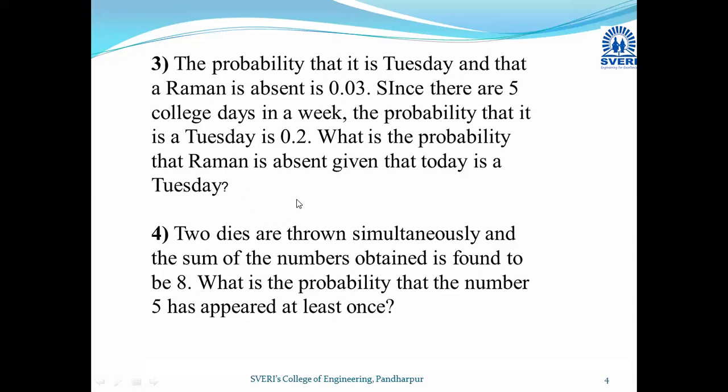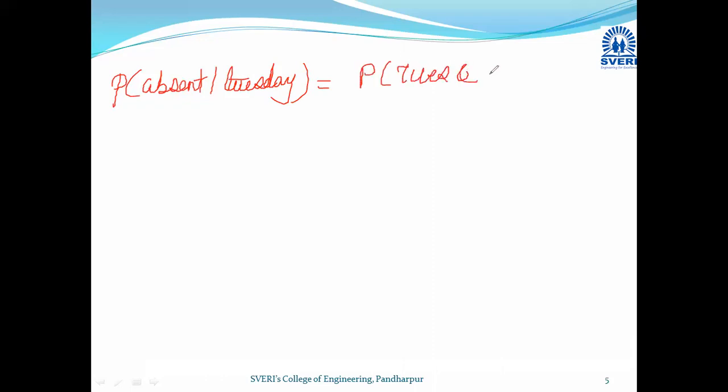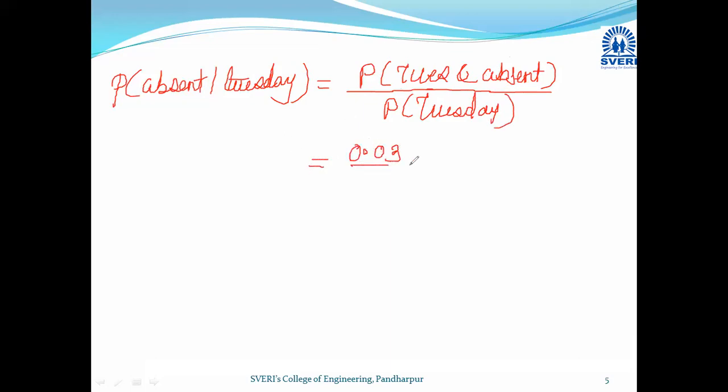Okay, so here we are finding the probability of Raman absent on Tuesday, which is equal to the probability of Tuesday and absent divided by the probability of Tuesday, which is equal to 0.03 divided by 0.2.